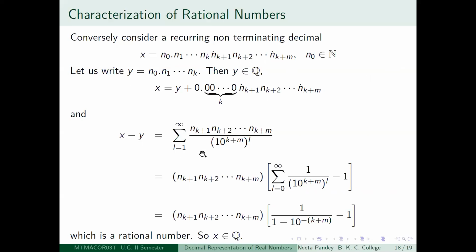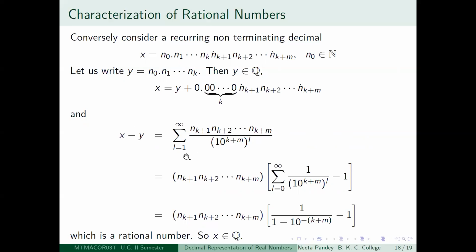So if you write it down, it is just going to be nk plus 1, nk plus 2, etc. nk plus m divided by 10 to the power k plus m. So that will give you the first k plus mth position, and then plus the same numerator divided by 10 to the power k plus m whole squared. So that will give you the next segment, and then divided by 10 to the power k plus m whole cube. So that will give you the next segment, and so on. So you will get a series like this.